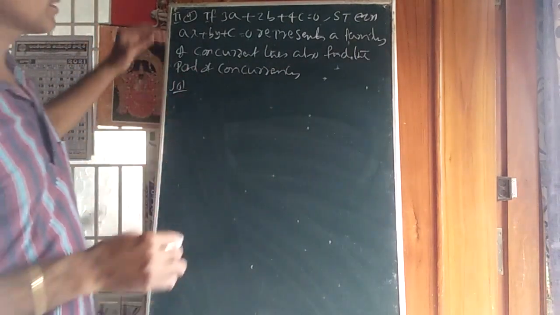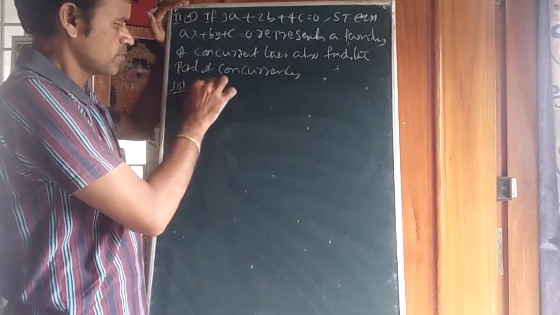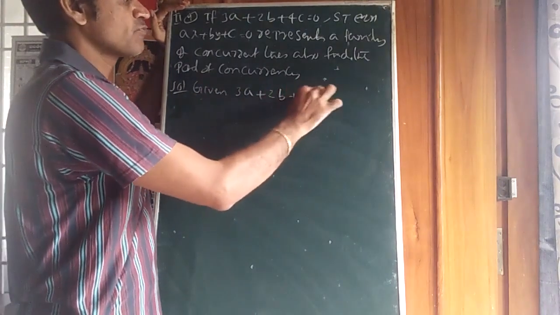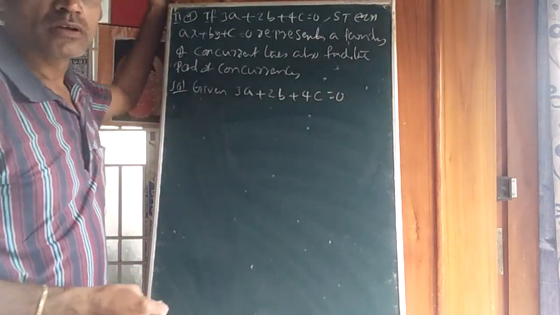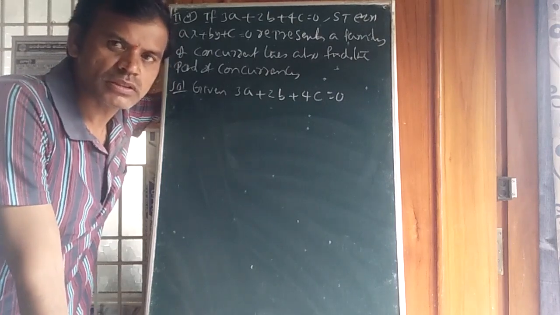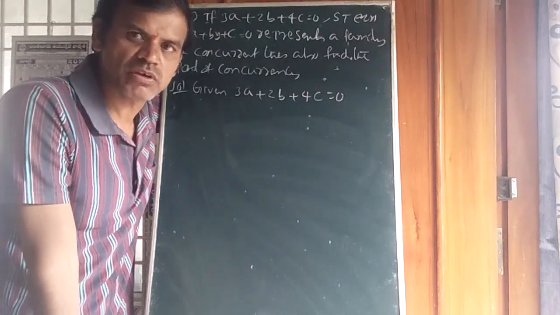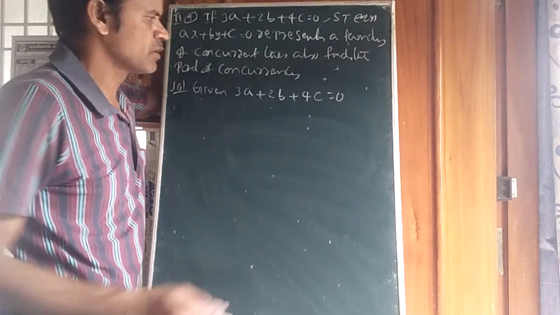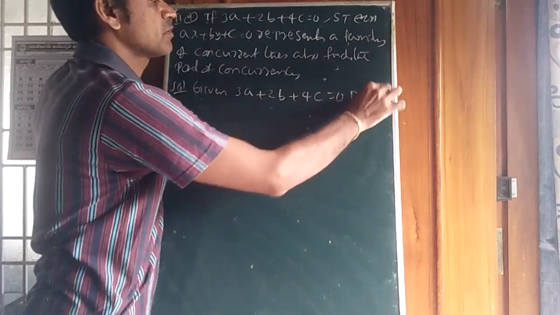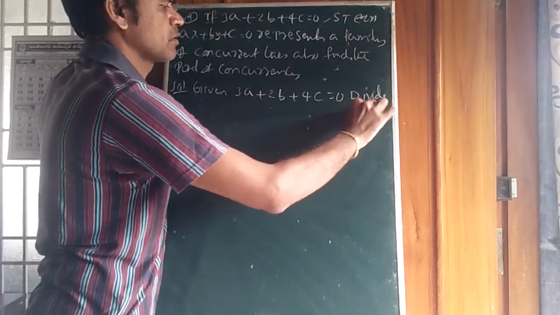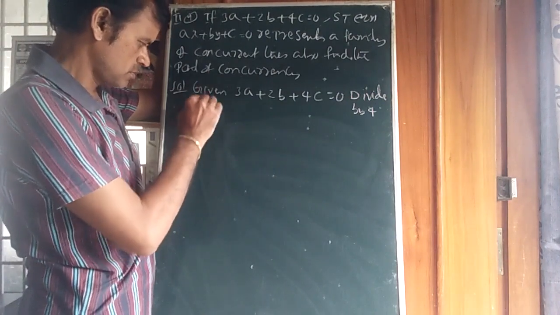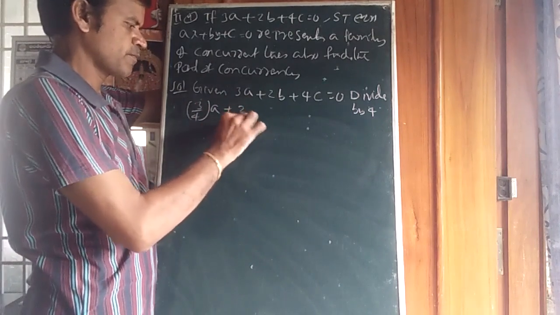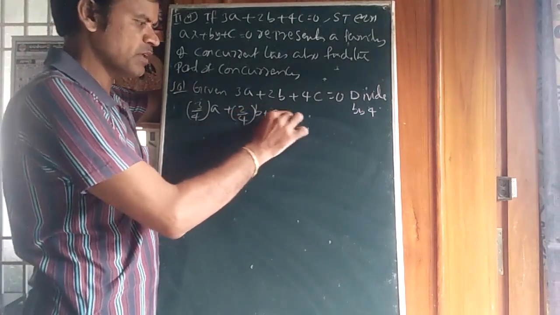Same concept you can understand. Given 3a + 2b + 4c = 0, we need to use the condition in the form of ax + by + c = 0. So c should be single, not with 4 or 5 or anything. So divide by 4 and you write: 3/4 into a plus 2/4 into b plus c equal to 0.